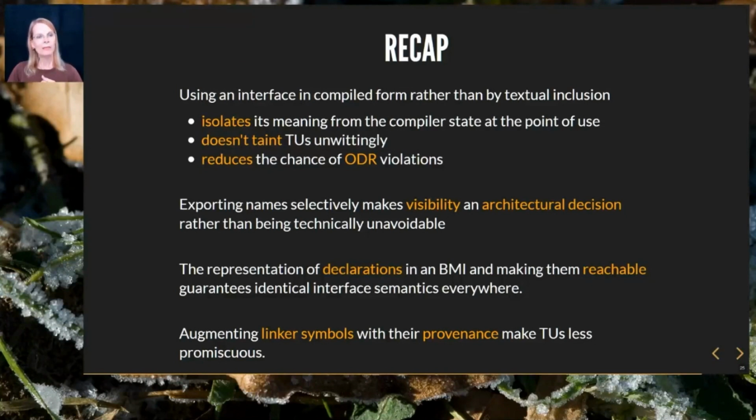Exporting names selectively makes visibility an architectural decision rather than being technically unavoidable. The representation of declarations in a BMI and making them reachable guarantees identical interface semantics everywhere. And lastly, augmenting linker symbols with their provenance makes TU use less promiscuous.